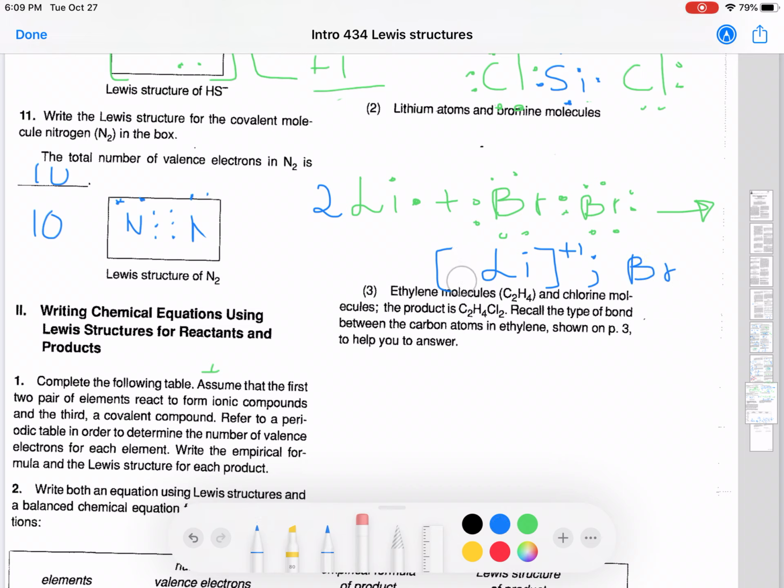We can put this outside. That's going to be Br minus. It's going to form 2 lithium bromide compounds.